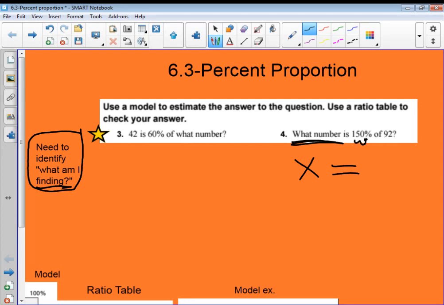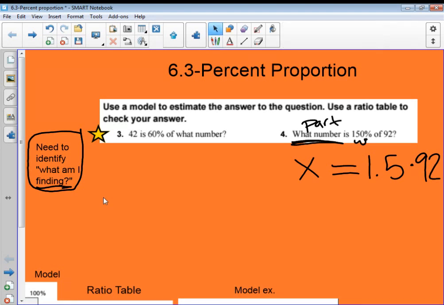I go 1, 2. So 1.5 times 92. I am looking for my part. So, written out in my equation, I would take 1.5 times 92 to get 138.